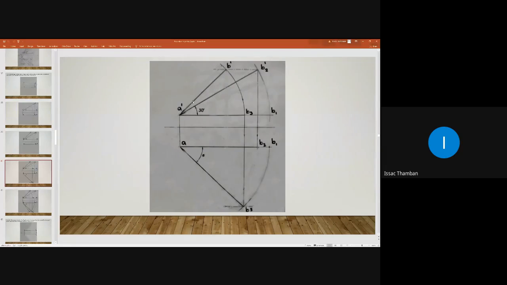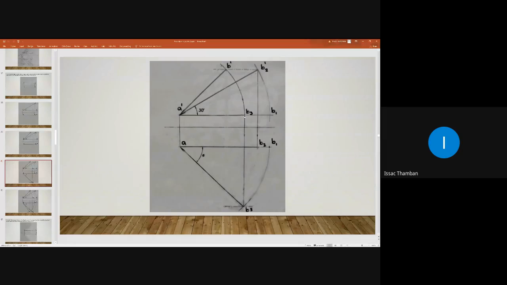For that, take your compass with radius A dash B dash, that is 65 mm, and draw an arc and intersect this horizontal line at this point and label it as B3 dash. Here it is not B3, it is B3 dash.